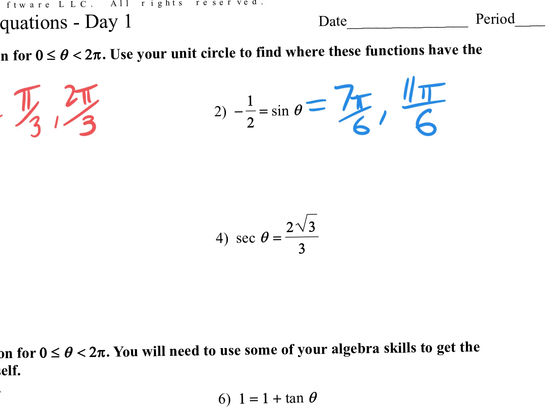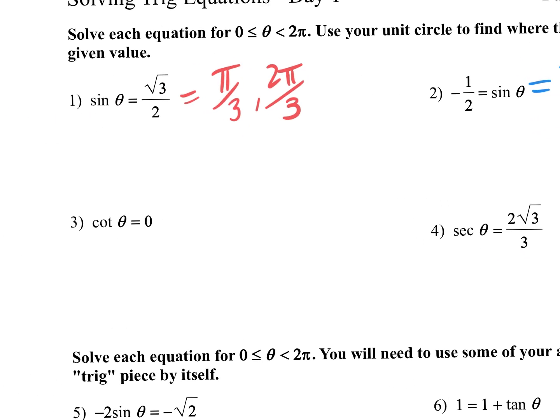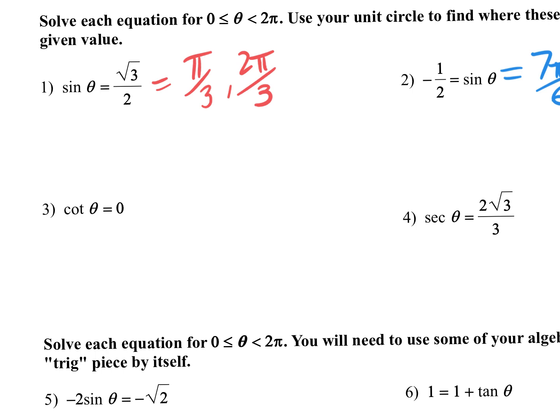Now, the next couple in this group, we see cotangent and secant. These are a little bit tricky, okay? So cotangent is not a value that we are used to looking for on the unit circle, okay? So what we're going to do is use some of our knowledge of formulas to help us solve this, okay?